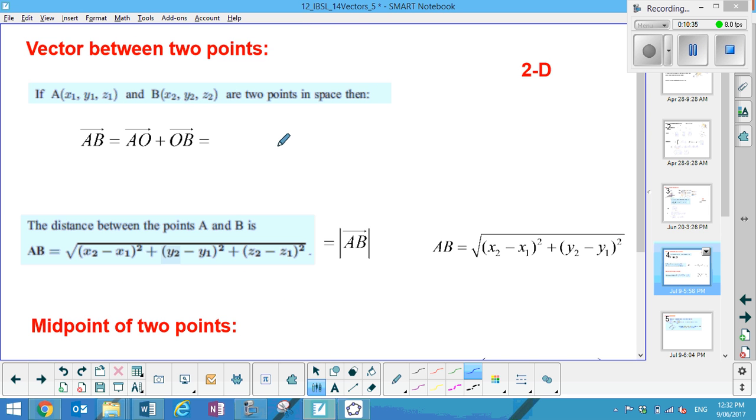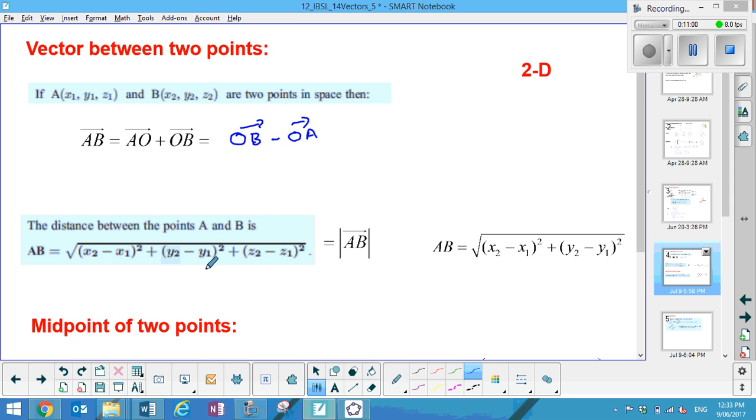Next, the vector between 2 points, just as we did AB, is AO plus OB, which is equal to, often, if we're not told AO, so therefore we want OB minus OA, so the final point minus the initial point, do that normal subtraction.